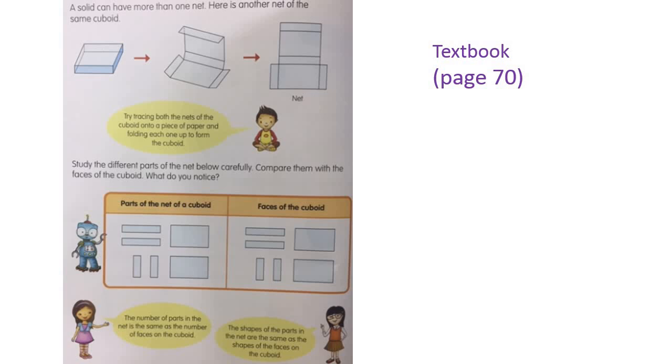These are 2 very important things. If you have exactly the same, you can form it in different ways, more than one net. But you should have the same number of faces and the same shape of the faces. So this is in your textbook, page number 70.